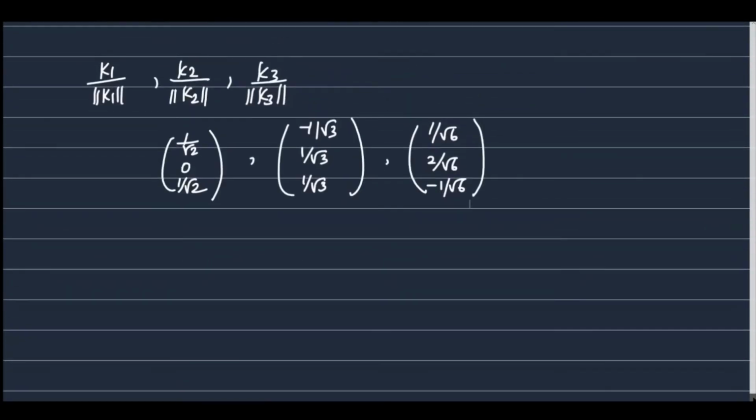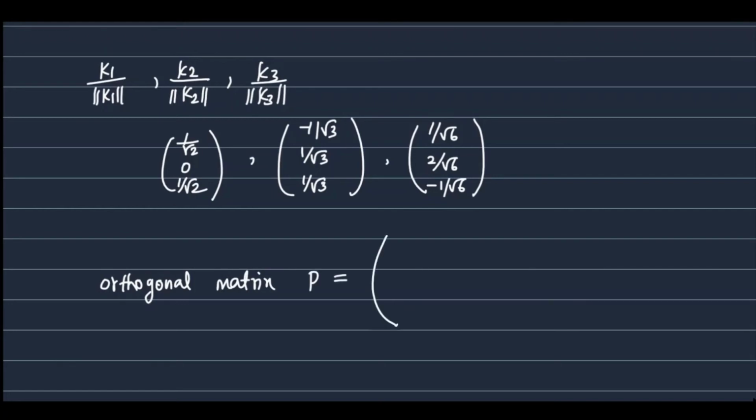The orthogonal matrix P is equal to: first column 1 by root 2, 0, 1 by root 2; second column minus 1 by root 3, 1 by root 3, 1 by root 3; third column 1 by root 6, 2 by root 6, minus 1 by root 6.